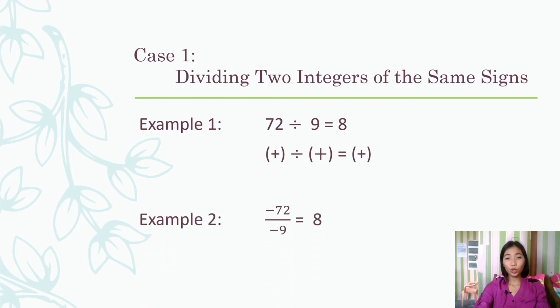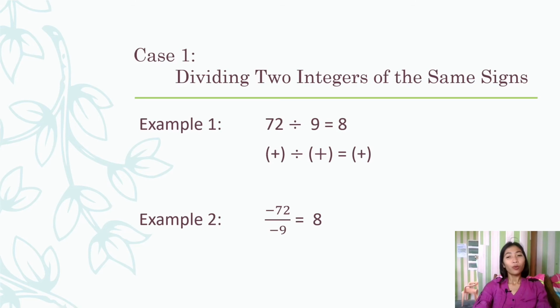Okay, example 2, negative 72 divided by negative 9. This time, both the dividend and the divisor are negative. So the quotient is 8. You will also notice that instead of using the common division symbol, I use the fraction bar.